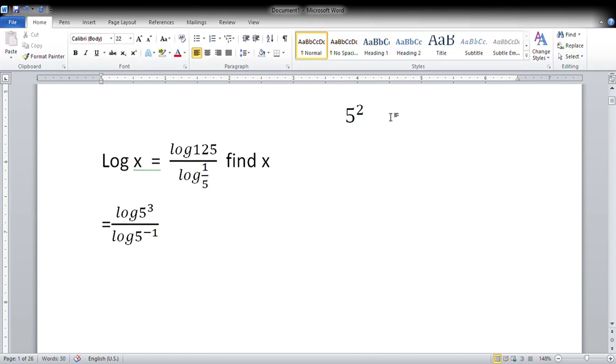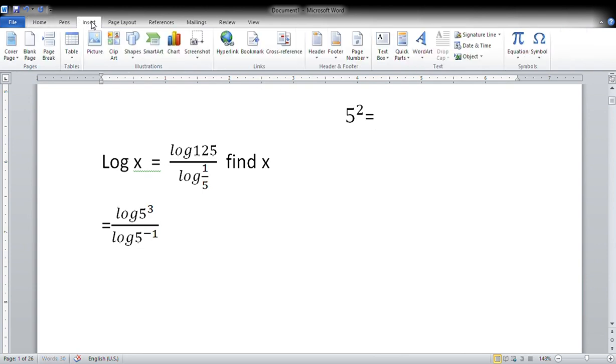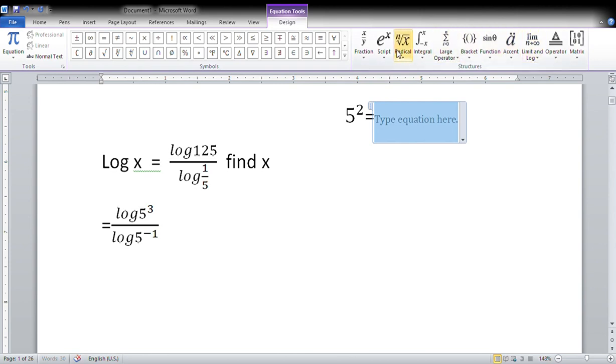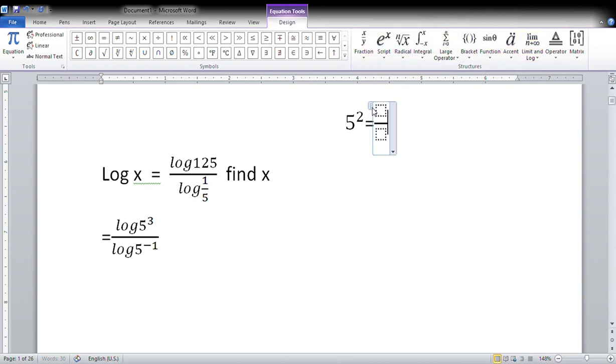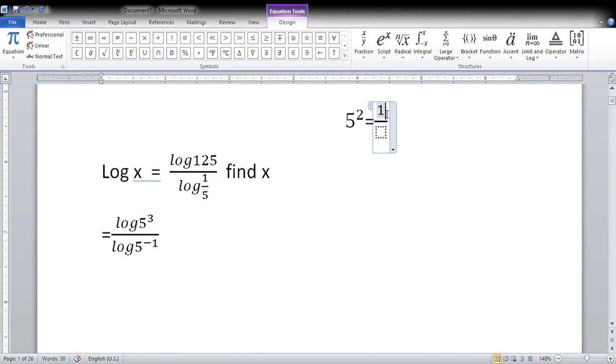You can reciprocate this number, so you can write it as 1 by 5 square, that is 5 to the power minus 2.